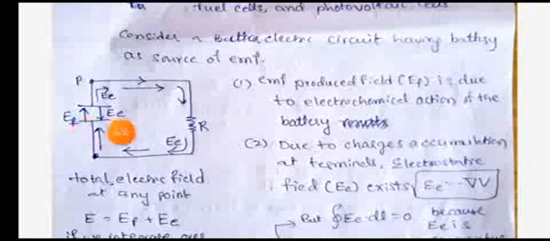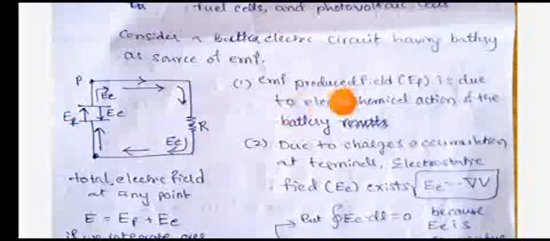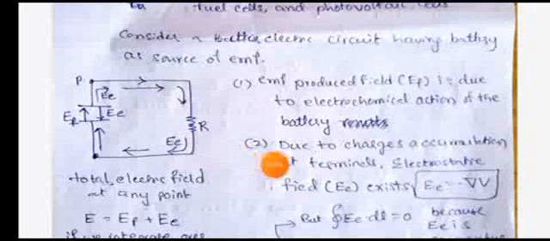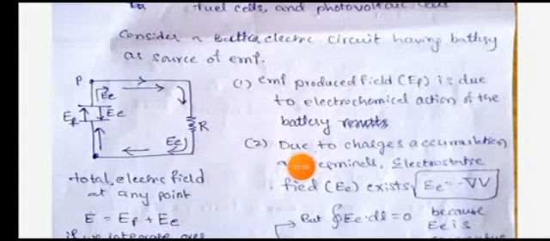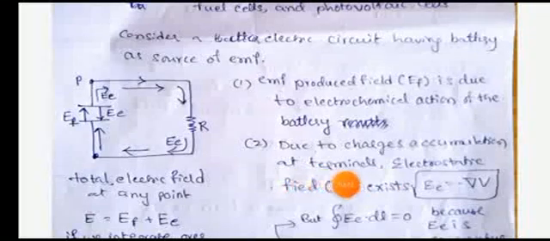EF is the EMF produced electric field, due to the electrochemical action of the battery, not due to electric charges. The second one, E, is the electric field due to the charges accumulated on the terminals of the battery. This is the general electric field.